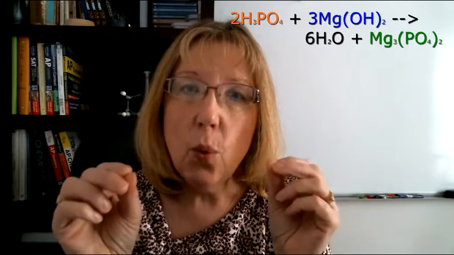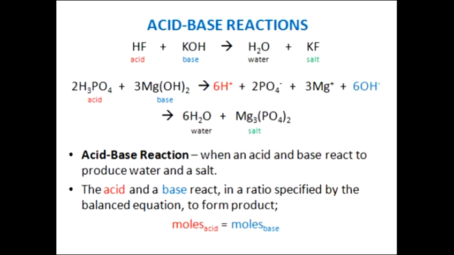This initially does not look like it's reacting in a 1-to-1 mole ratio, but if we look at how it ionizes in water, we can easily see that the phosphoric acid will ionize to form 6 hydrogen ions, 6 moles of acid, and the magnesium hydroxide will ionize to form 6 hydroxide ions, 6 moles of base. So it again reacts our acid and base in a 1-to-1 mole ratio.